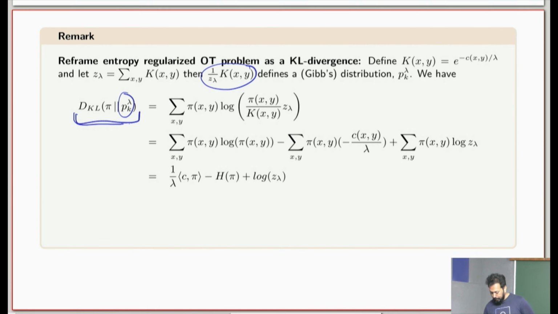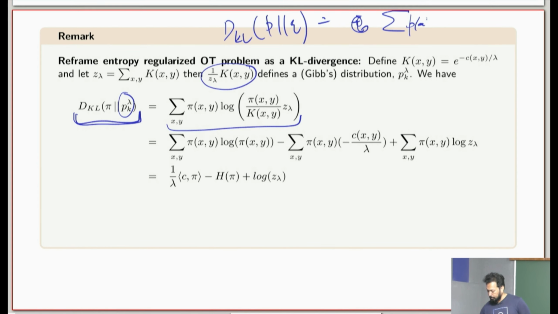By definition, the KL divergence means you are taking an expectation of this log term. So the KL divergence of P and Q is P log P divided by Q. We can write this in the sum form: D_KL(P, Q) is the sum over x of P(x) log P(x)/Q(x).